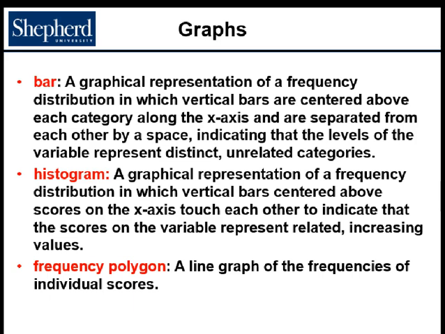A histogram is another common graphical display of quantitative data. The variable of interest is placed on the horizontal axis, and a rectangle is drawn above each class interval with its height corresponding to the interval's frequency, relative frequency, or percent frequency.